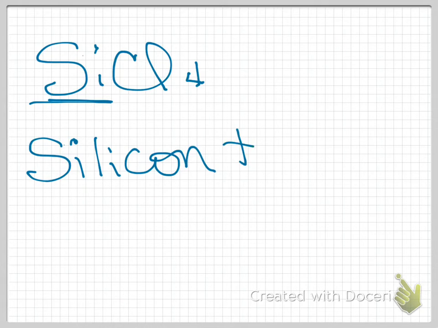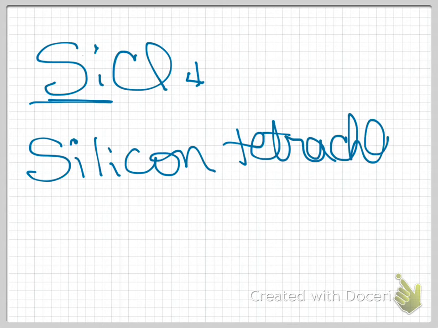So this becomes tetrachloride. So silicon tetrachloride would be the correct way that you would name that. And by the same token, if you are given the name, then you should be able to write the formula. All right?